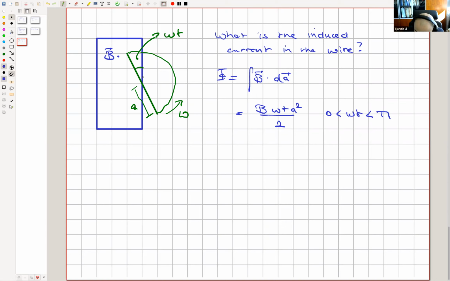And similarly, when omega t is not between 0 and pi, but between pi and 2 pi, we can write that this is B times 2 pi minus omega t, a squared over 2. So this is the other half of the cycle. Here the surface is decreasing, and this is after pi, so omega t between pi and 2 pi.